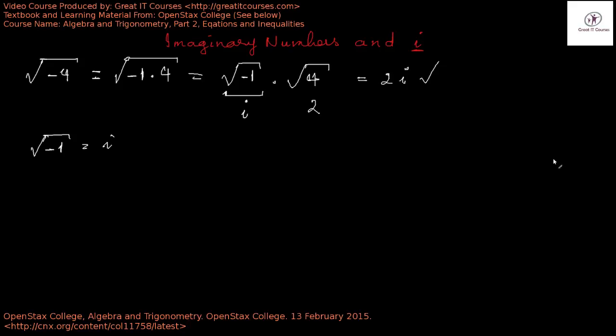Next, what you need to know is that now you know enough about imaginary numbers. You know the difference between real numbers and imaginary numbers. Now, if you have a real number like 4, and you add it to an imaginary number like i, this is the real part, and this is the imaginary part.